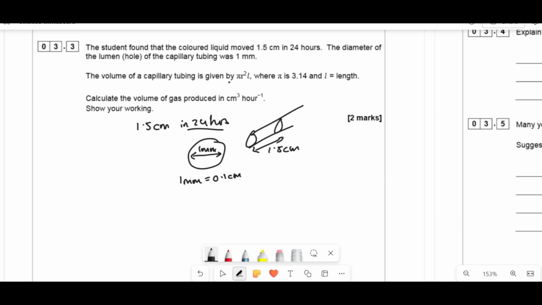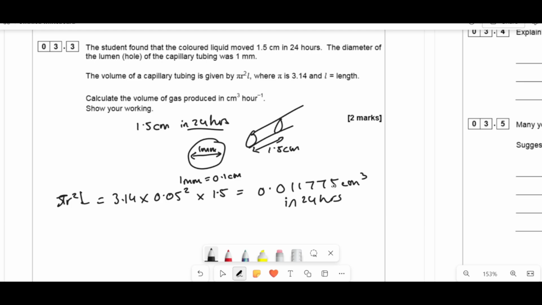Cool. The volume of a capillary tube is pi r squared L. Pi r squared L is now going to equal 3.14, which is what they want you to use for pi, times r squared, which is going to be 0.05, because we want the radius, which is half of that, in centimeters, squared, times the length, which we worked out was 1.5. If we do that, we get 0.011775 centimeters cubed, but this is in 24 hours, as the question has told you.